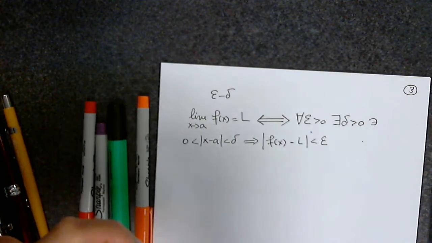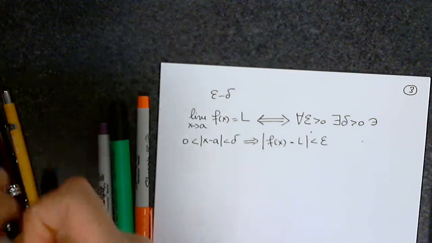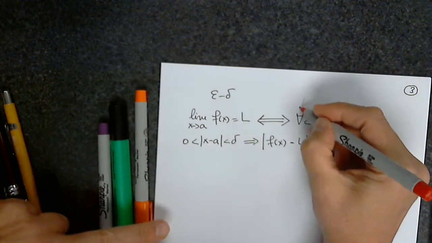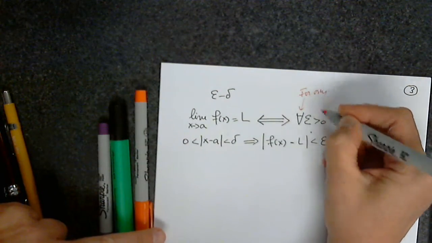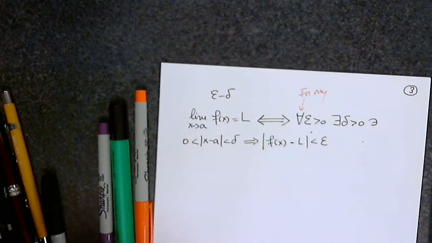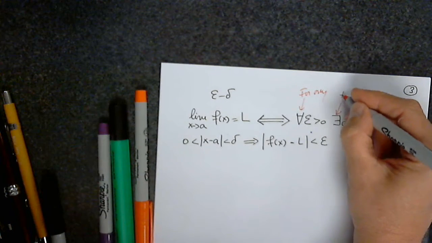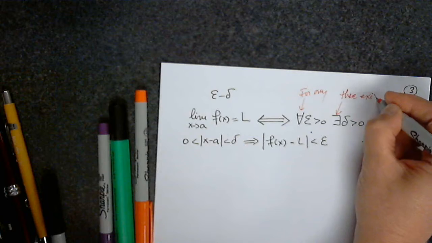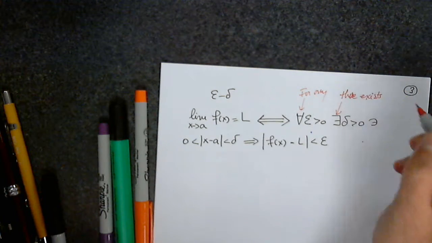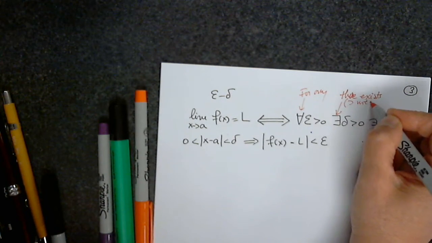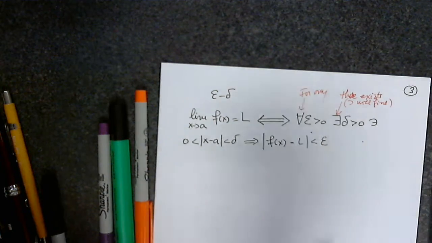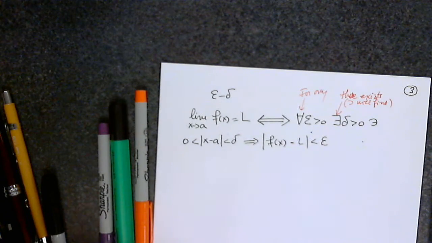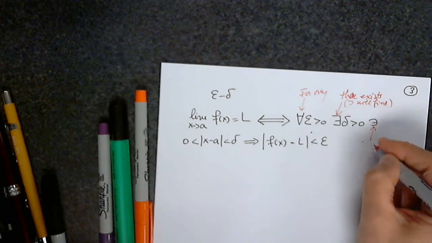So this is for any or every. For any. There exists. Or I will find a delta positive such that.